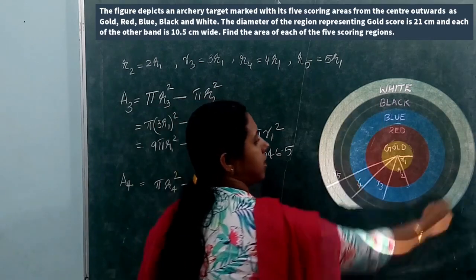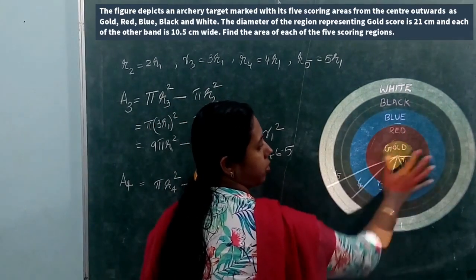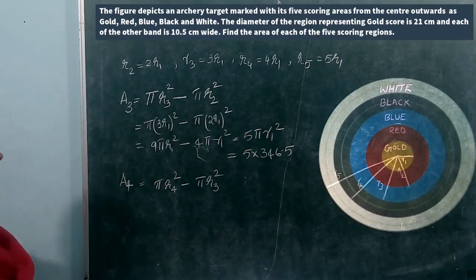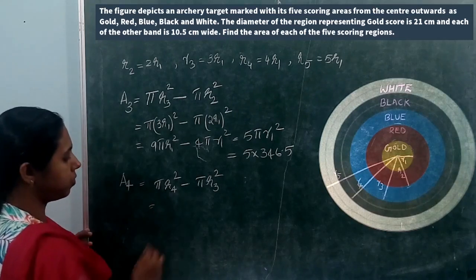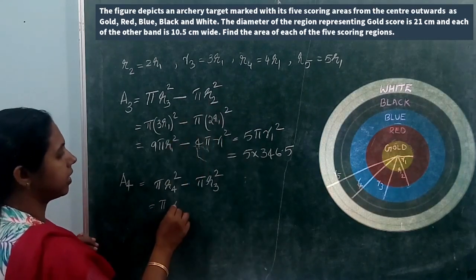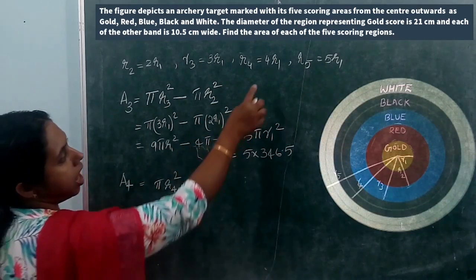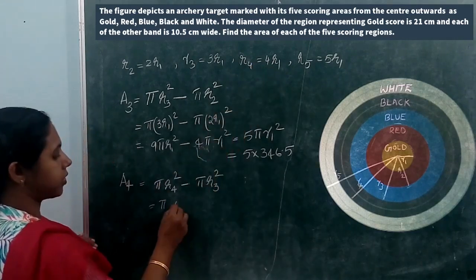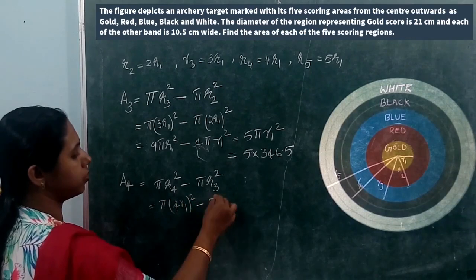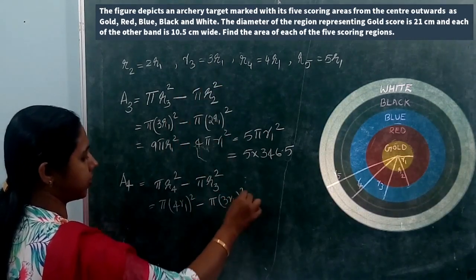This is the big circle, this circle minus this whole circle, this whole portion. So pi r4 square minus pi r3 square, that is equal to pi into r4, you can substitute the same way. So r4 is equal to 4r1, 4r1 whole square minus pi into r3 is equal to 3r1 whole square.